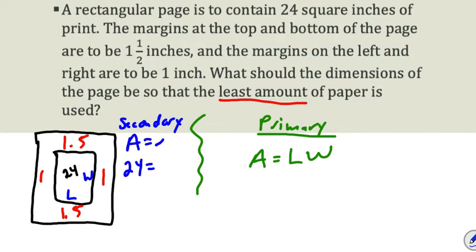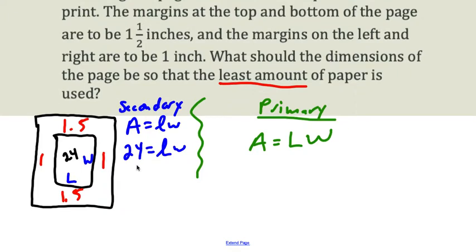So length times width. All right, so when we're finding the area of the overall big piece of paper, I'll outline it in green, like this piece right here, we're going to use the information that we know and plug that in.